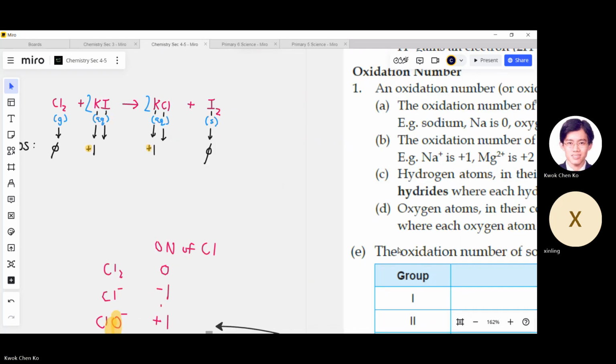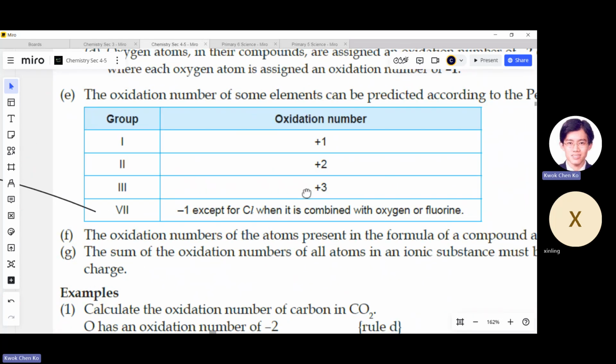Next, look at this table. Any group 2 element? No. Group 3 element? No. Any group 17? This is 17 actually, because now they change it to 17 already. This is 3, this is 2, this is 1. Any group 17 elements?